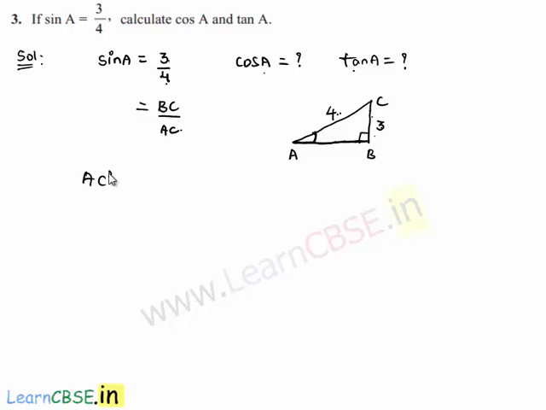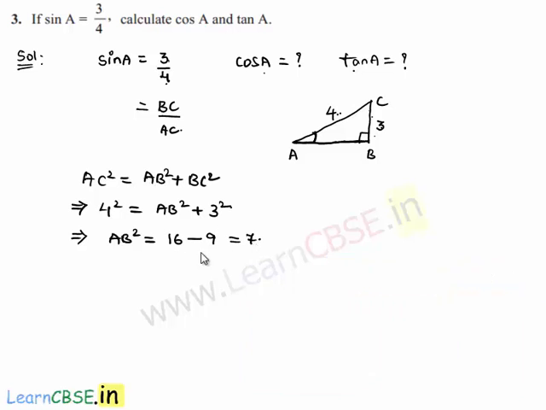Here we can write AC square is equal to AB square plus BC square, which implies 4 square is equal to AB square plus 3 square, that implies AB square is equal to 16 minus 9, which is equal to 7, which implies AB is root 7. Now we got the AB value as root 7.